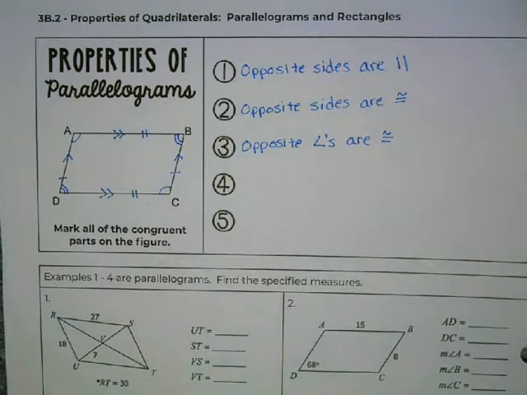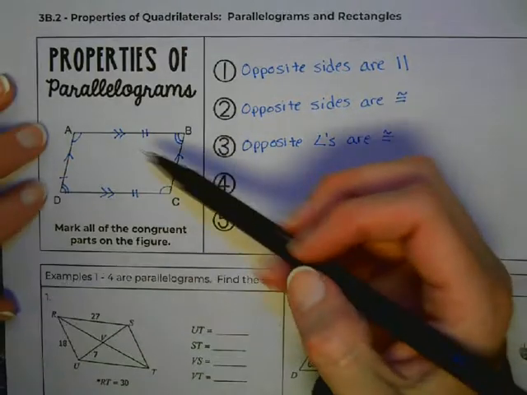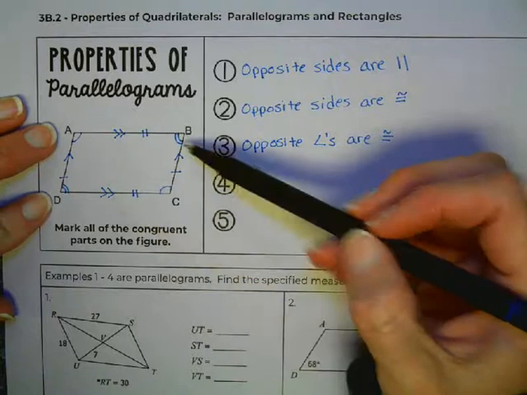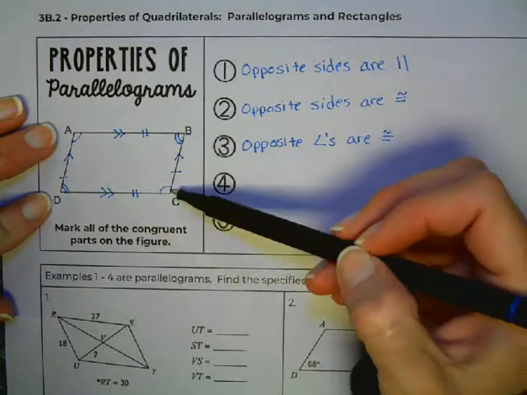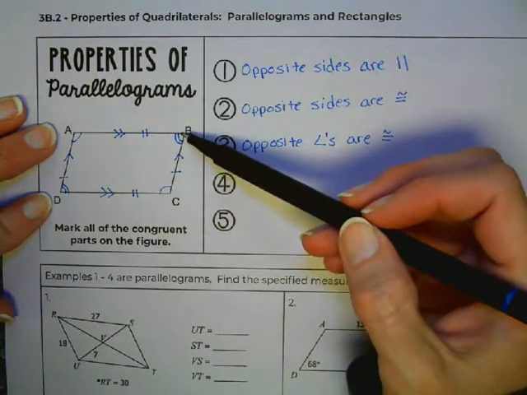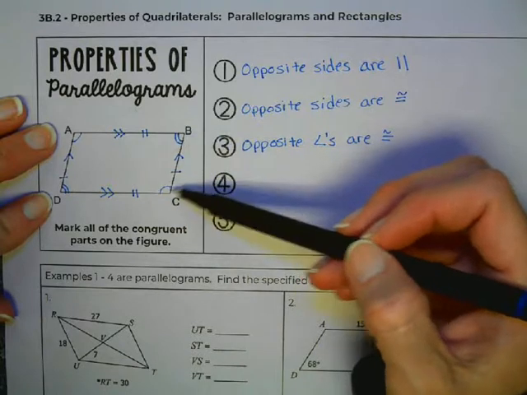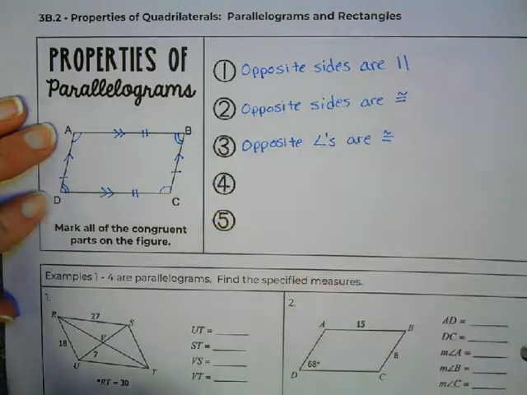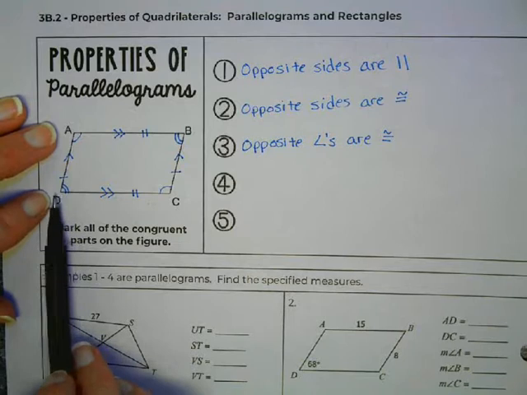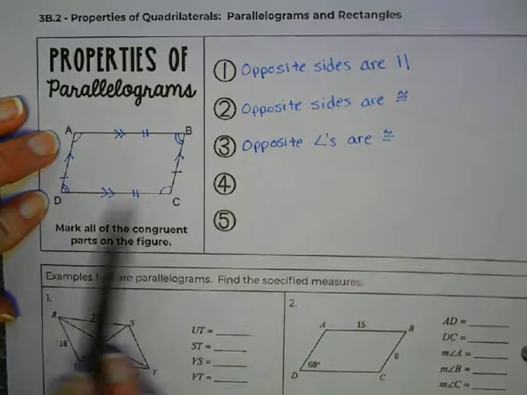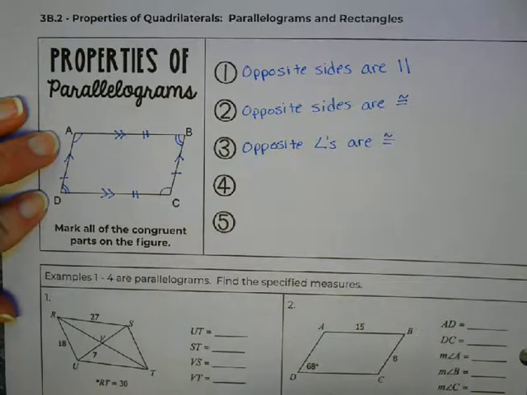The next one I'm going to write down relates to the lines being parallel. We learned in Unit 1 that if opposite sides are parallel here, or these are parallel lines, these angles like B and C are considered consecutive interior angles. They're between the parallel lines and on the same side of the transversal. You could also say because this line and this line are parallel, D and C are also consecutive angles between there.